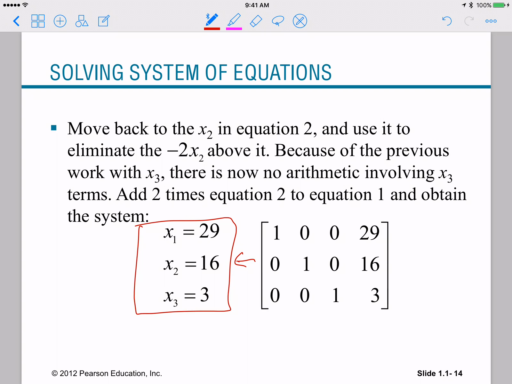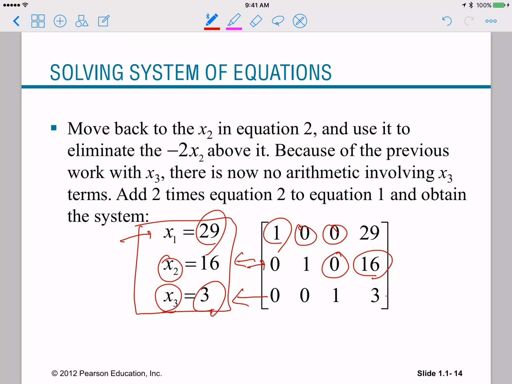The first one is x3 equals 3, and from the second equation we created 0 here, and so it means we have x2 equal to 16, and from the first equation we see two zeros here, and we only see x1. And so x1 is equal to 29. Right? So that's how we can solve this set of equations using this kind of matrix representation.